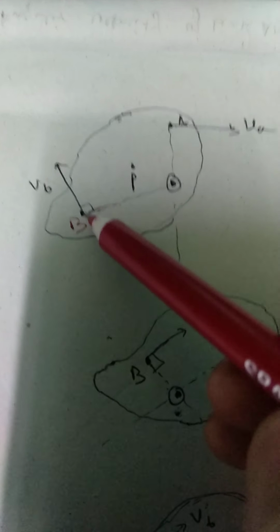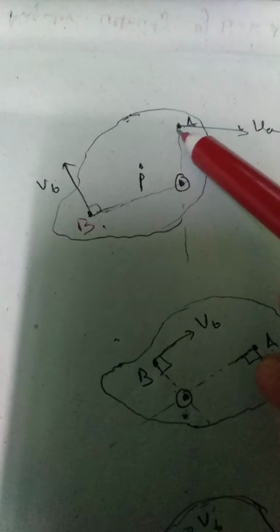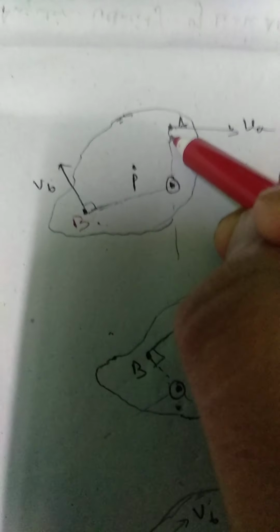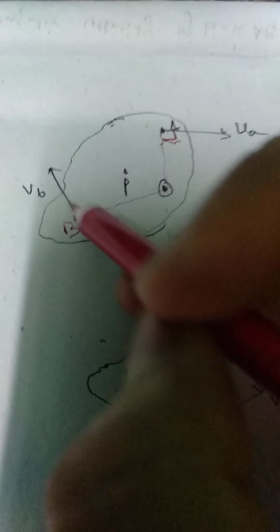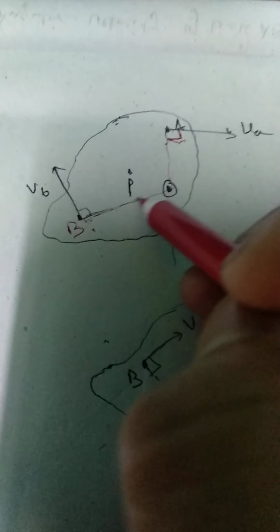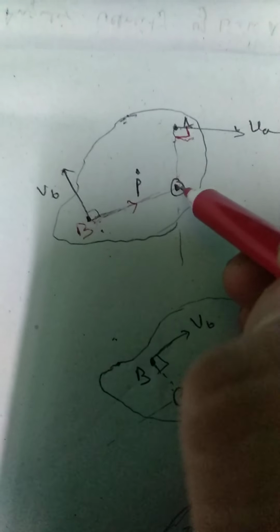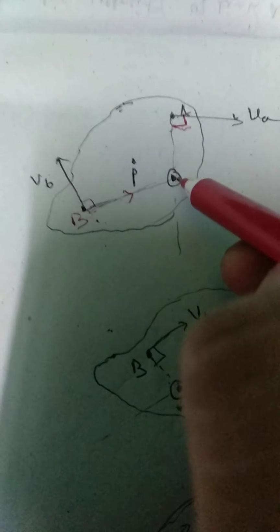Now we draw a perpendicular to this velocity VA, and similarly to the velocity VB, and these two perpendiculars meet at a point.